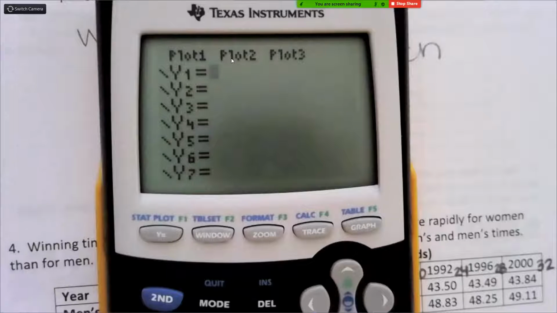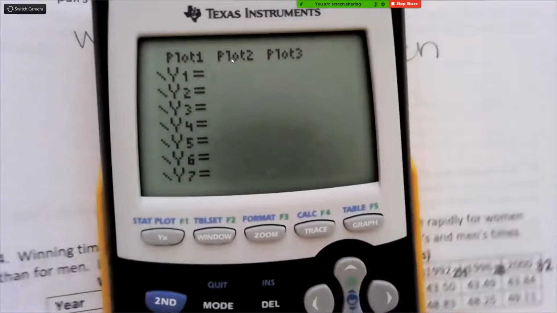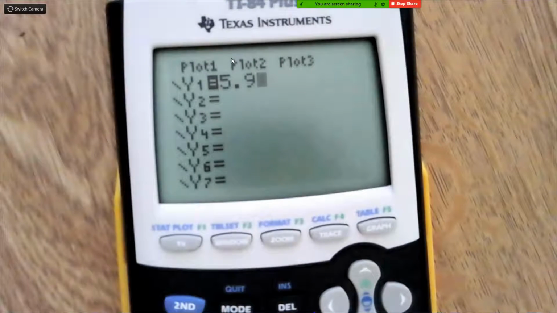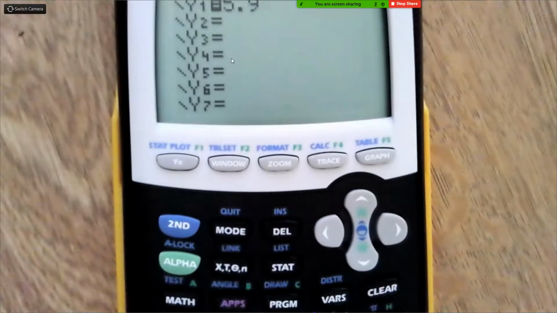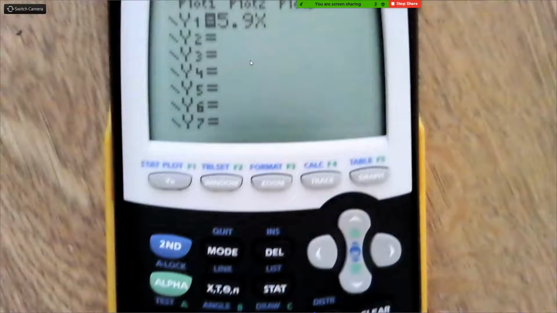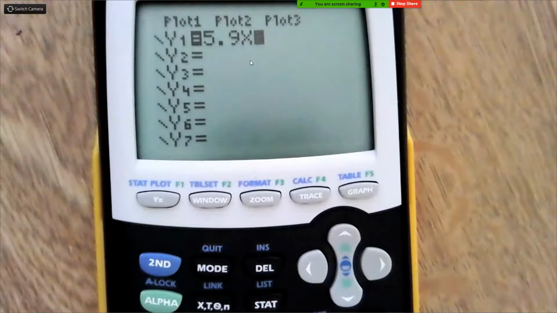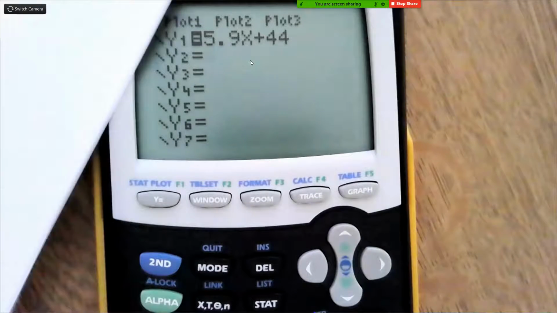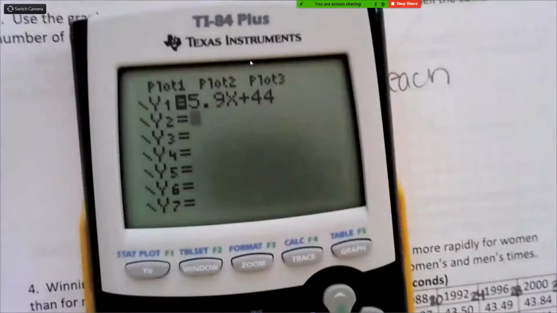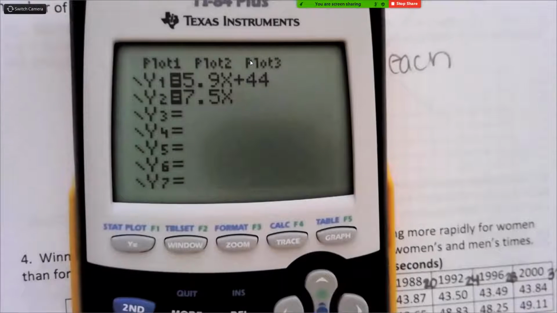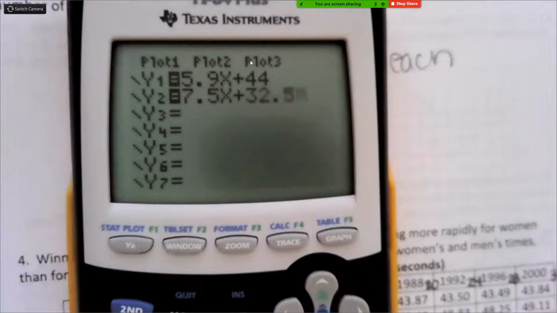And then you're going to type in those equations. So you're going to type in 5.9. The X key is right here below mode. And then plus 44. And then you're also going to type in Joe's numbers, which are 7.5x plus 32.5.